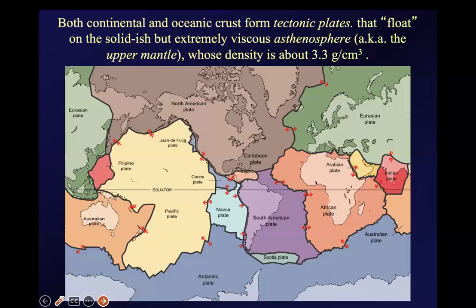And both continental and oceanic crust form tectonic plates, and they float on the asthenosphere. And by the way, this means that the legend of the lost continent of Atlantis can't be true, at least in the form it's often told.